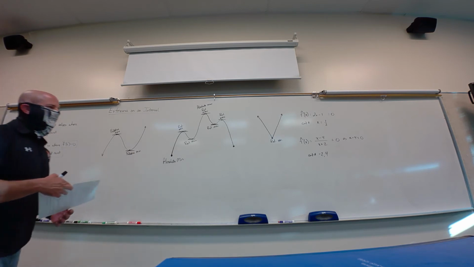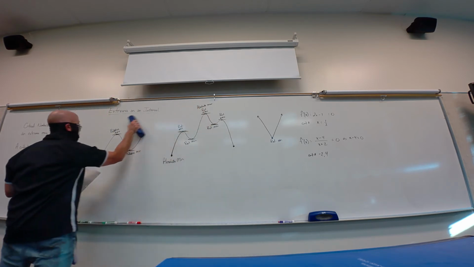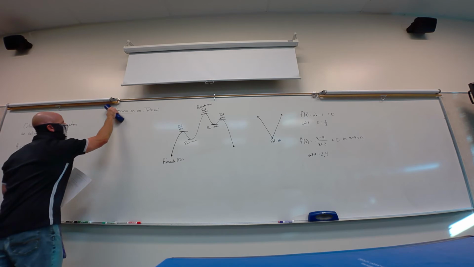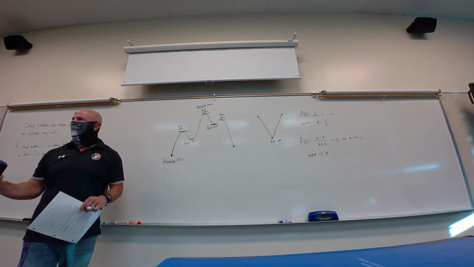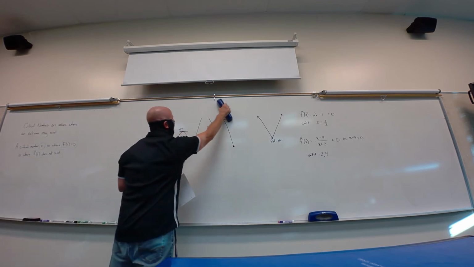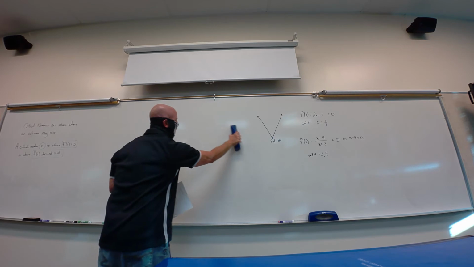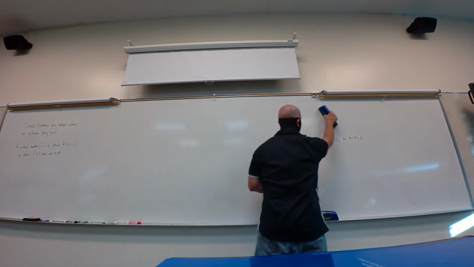Now let's mix this into some actual functions here. So we're going to find the critical numbers, whatever they may be. To find the critical numbers, we need the derivative, right? So we're going to take a look at the derivative. We're going to determine where it is 0 or where it is undefined.